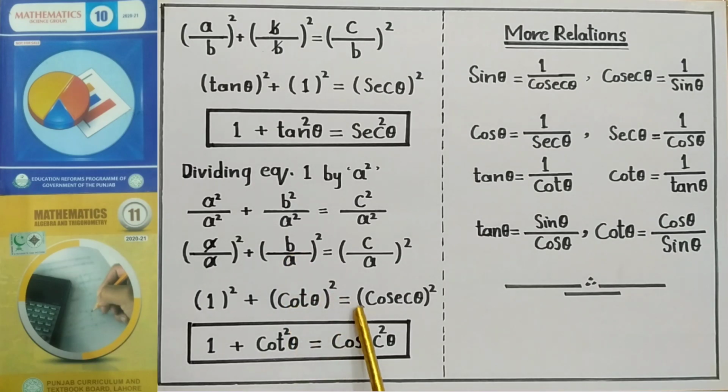Cot theta square. C over A is the reciprocal of sin theta, cosecant theta whole square. So 1 plus cot square theta is equal to cosecant square theta. It is the third very important formula for trigonometry.